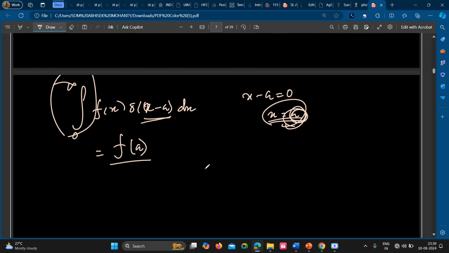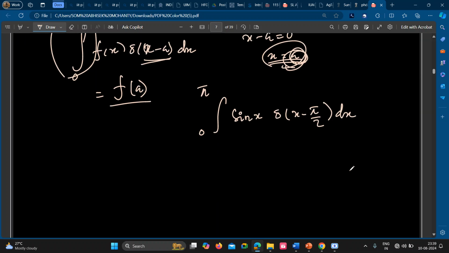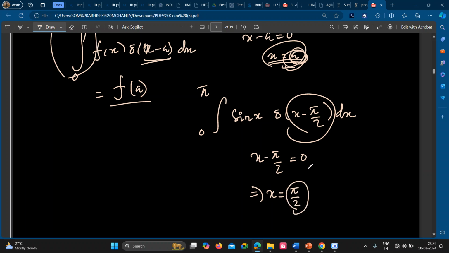Suppose the integral is from 0 to π of sin x δ(x − π/2) dx. Now I equate the inside part of the delta, x − π/2 = 0, so x = π/2. This π/2 comes in between 0 to π, isn't it?